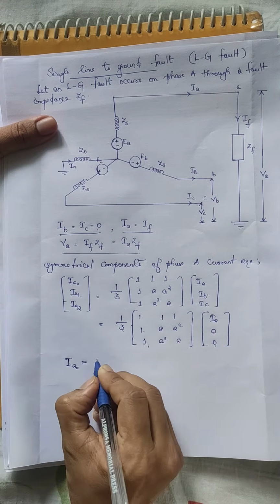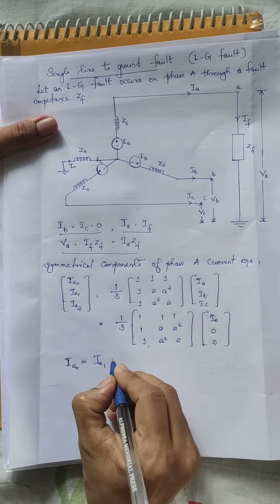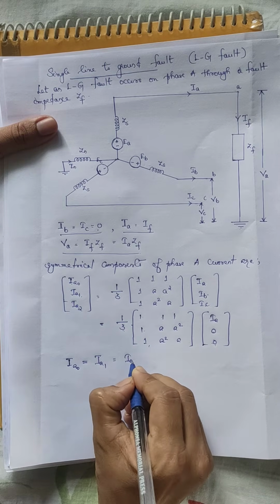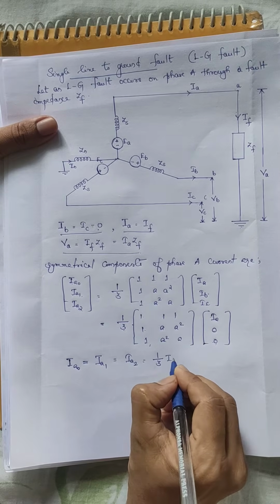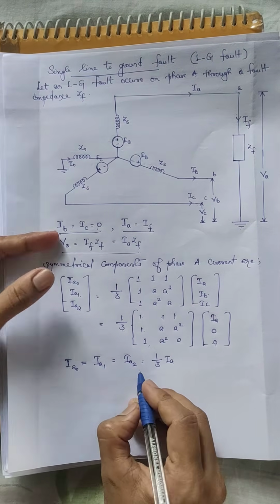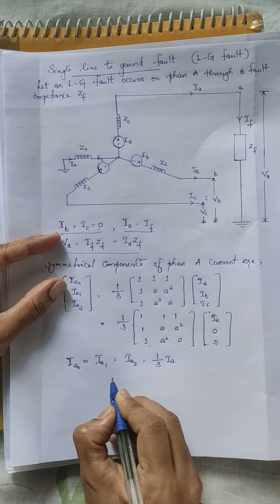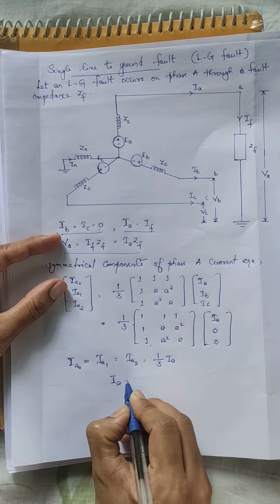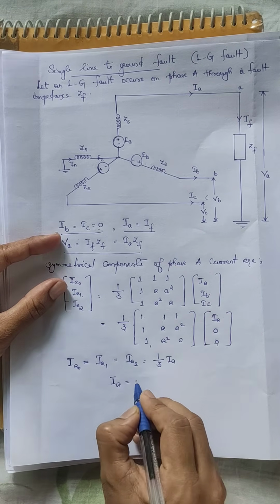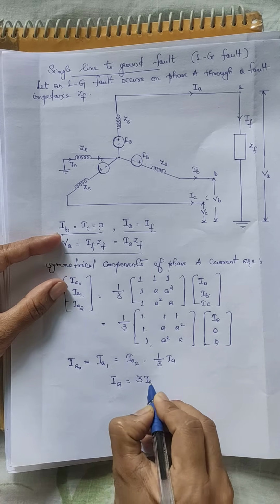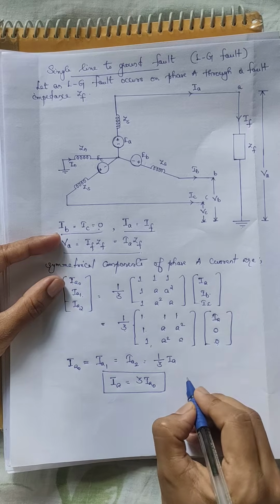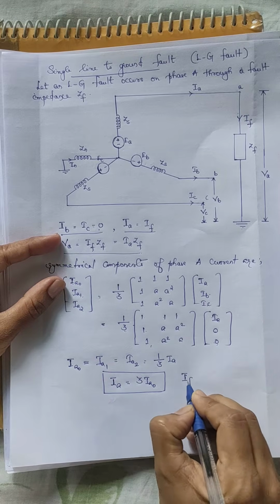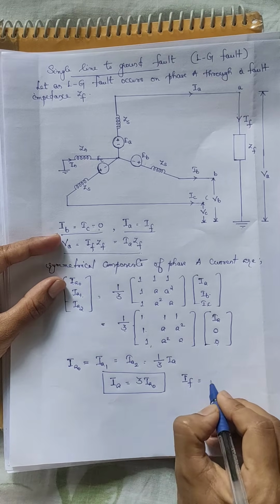So we got IA0 is equal to IA1 is equal to IA2 is equal to 1 by 3 into IA. Or from this equation we can write IA is equal to 3 times IA0. IA, which is also the fault current, IA and IF are the same.